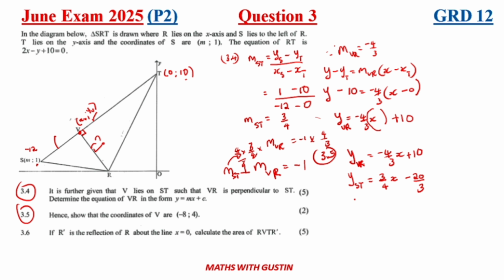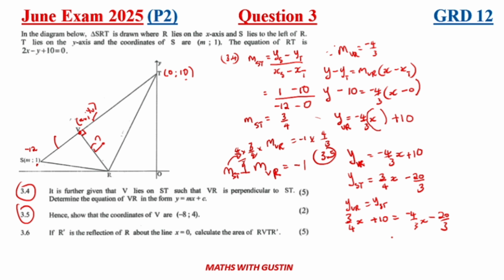All right, so now at this point the two straight lines meet here. So therefore this is what you're going to have here, guys. You're going to have 3 over 4 x plus 10 equal to negative 4 over 3x minus 20 all over 3.